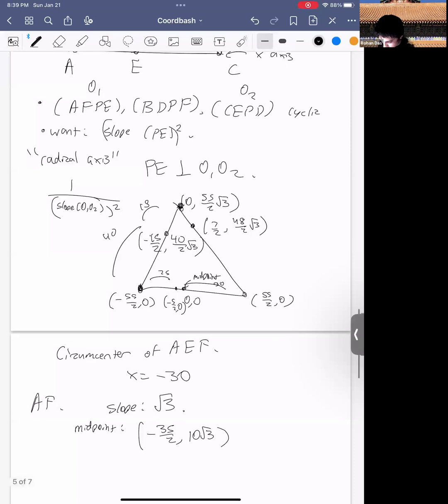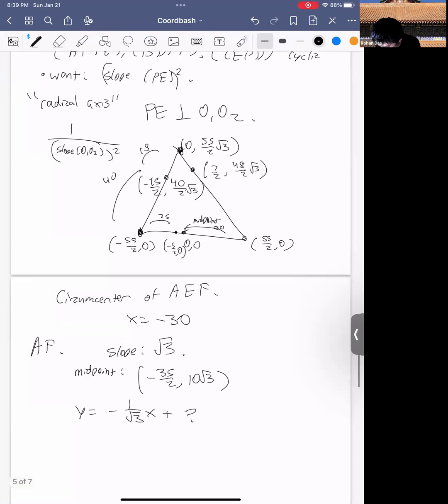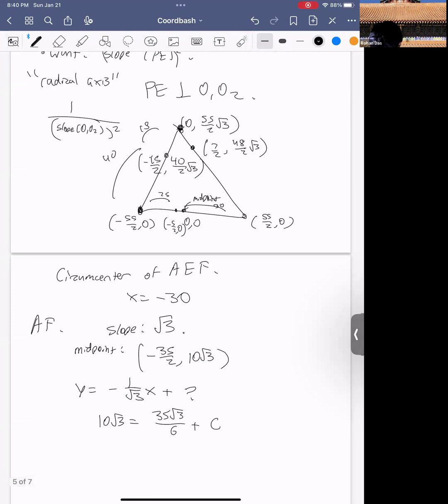So if you take the line perpendicular to AF through the midpoint, you get y equals negative 1 over root 3 times x plus something. And if you substitute the midpoint in, you get 10 root 3 equals 35 root 3 over 6 plus, let's say c, and then c equals 25 root 3 over 6.